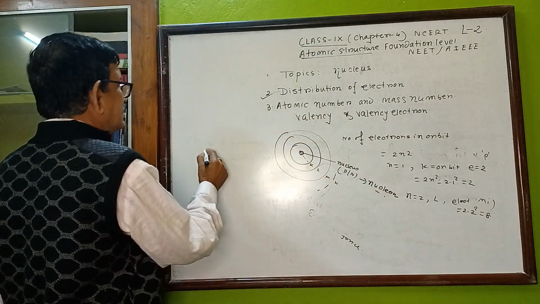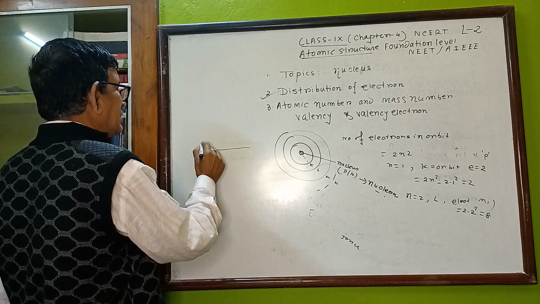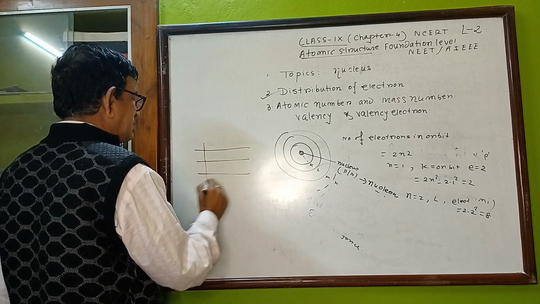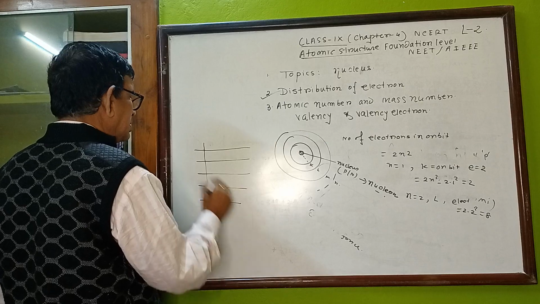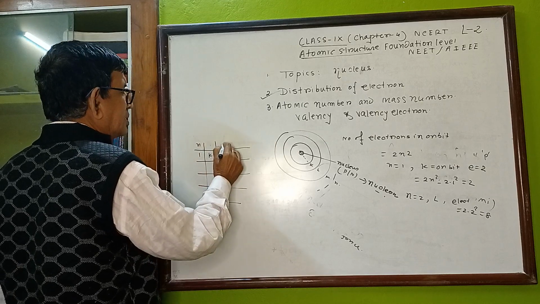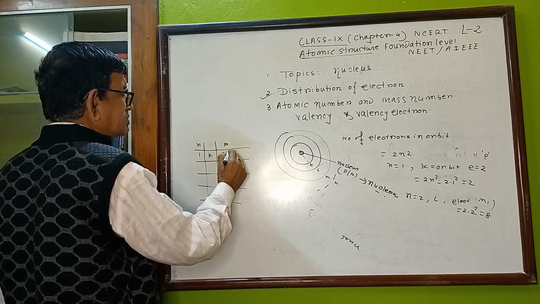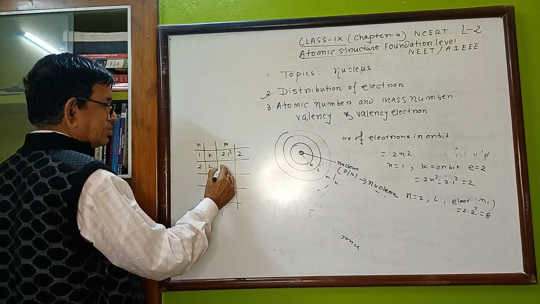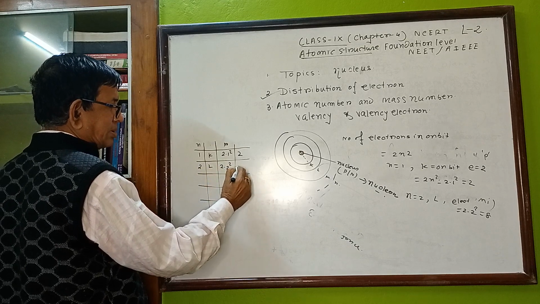So for n equal to 1, K orbit, number of electrons 2 into 1 square, that is 2. Then L orbit, 2 into 2 square, that is equal to 8.